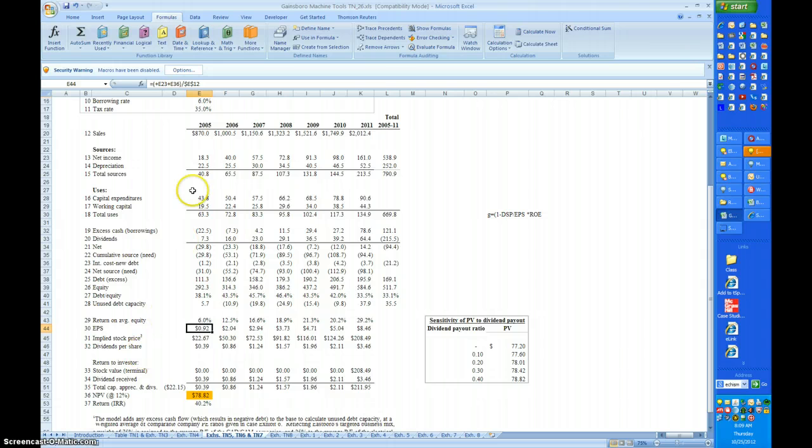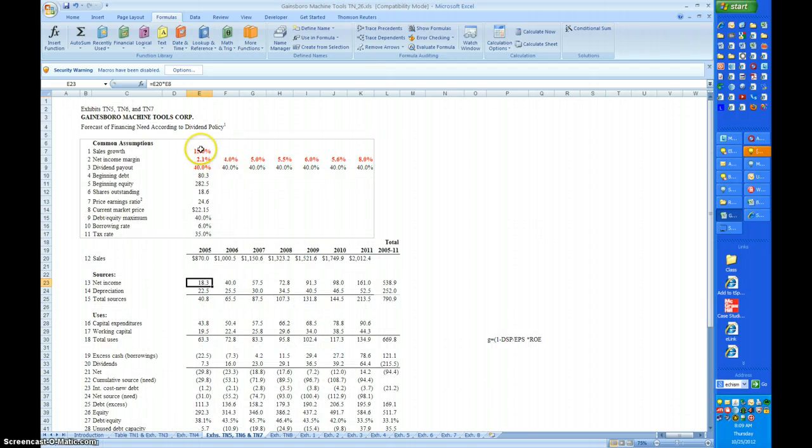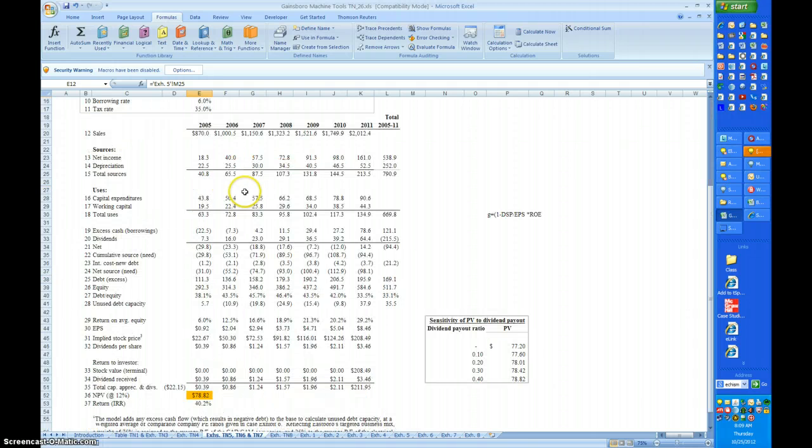Again, that's just the earnings estimated from net income, which is the margin times the sales, divided by the number of shares outstanding, which is this number here, 18.6. We need that because we're going to base the stock value on the price to earnings multiple that the market assigns.